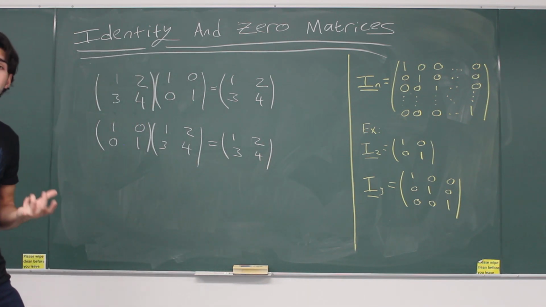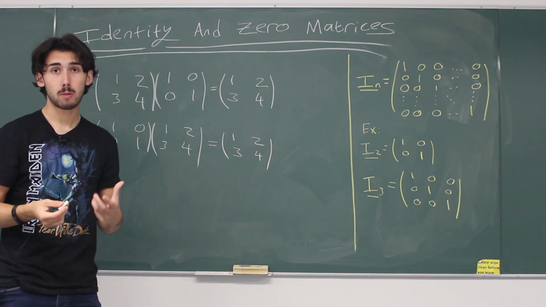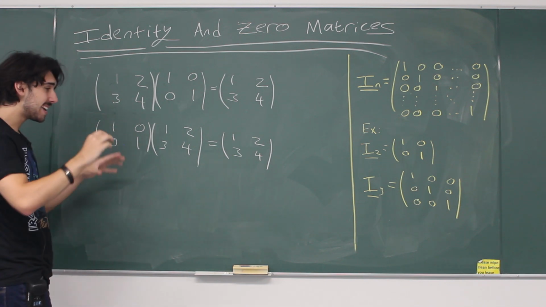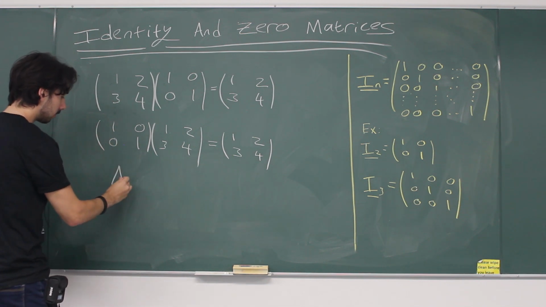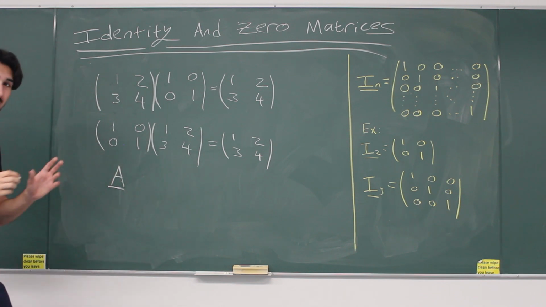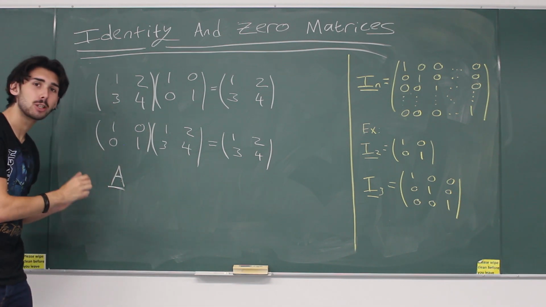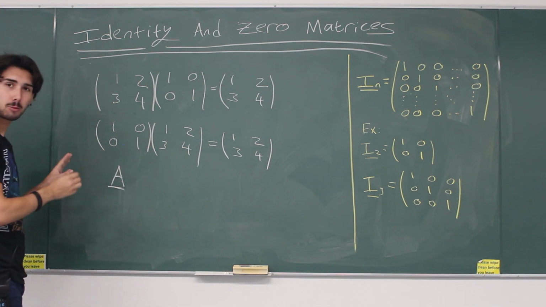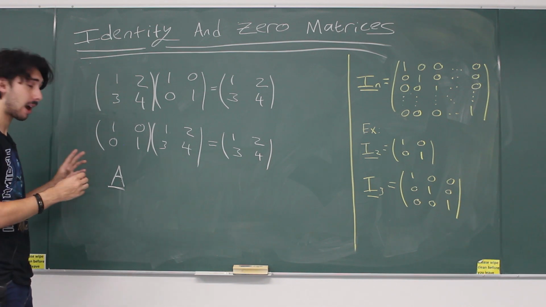So it doesn't even matter which way around you multiply the identity matrix. Mathematically, for any matrix A, and we'll say that A is a 2 by 2 matrix right now, so it could have any numbers in it, whatever you want.